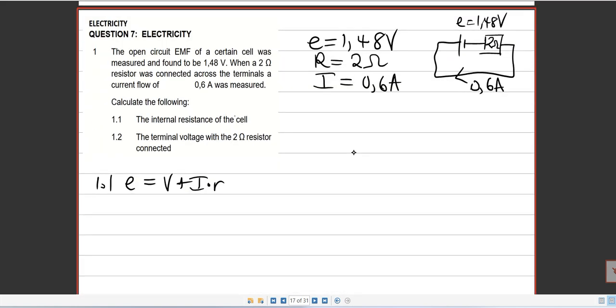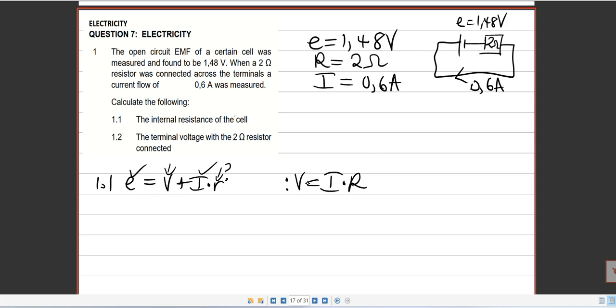So there. We are looking for the internal resistance. For your terminal voltage, which is the next question they need to find, we know it as the current times the external resistance.